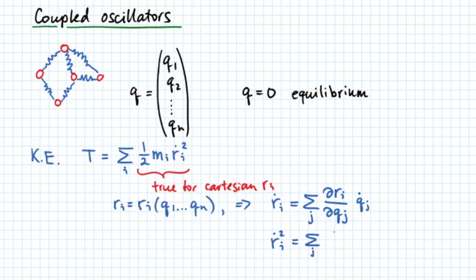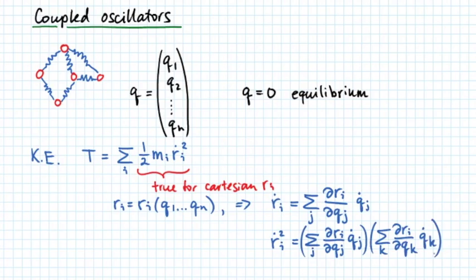sum along j index of partial derivative of r sub i with respect to q sub j times generalized velocity q sub j dot, times another sum, let's give it subscript k, partial derivative of r sub i with respect to q sub k times generalized velocity q sub k dot.